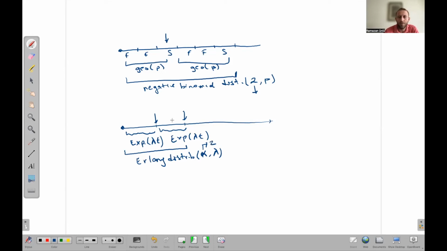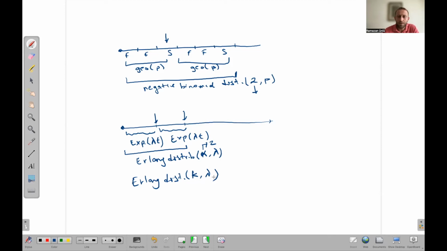So if we consider the 2 successes, that has the Erlang distribution with the parameters 2 and lambda. So we can generalize this: the Erlang distribution with the parameters k and lambda, and the k corresponds to the number of successes.